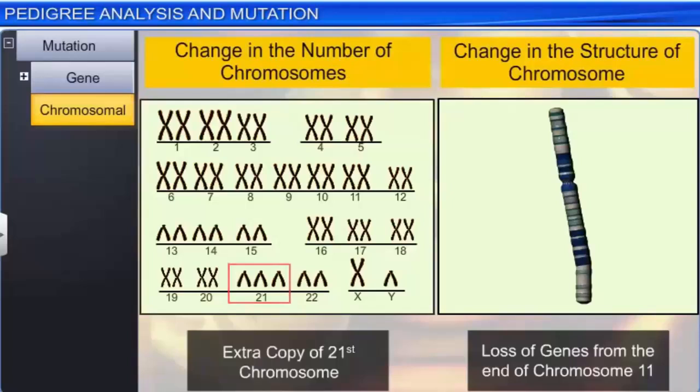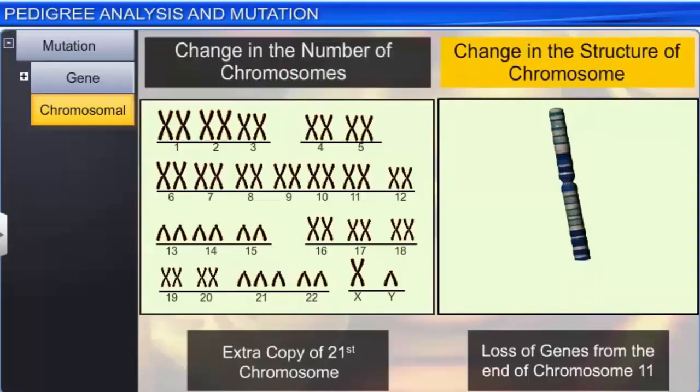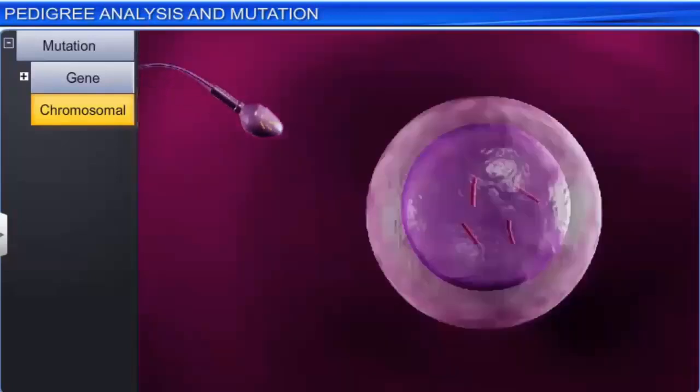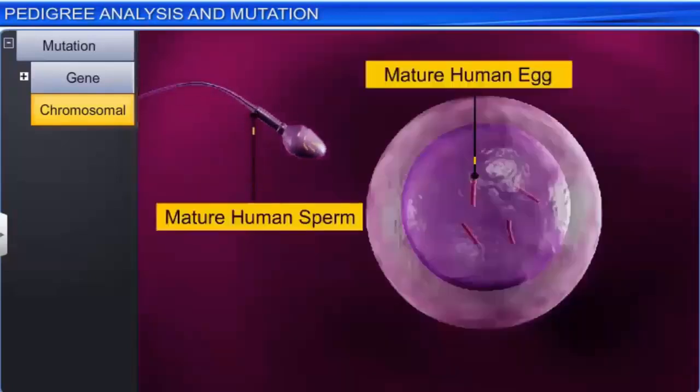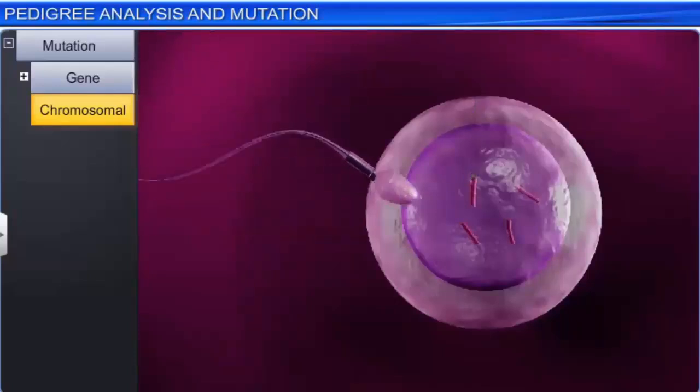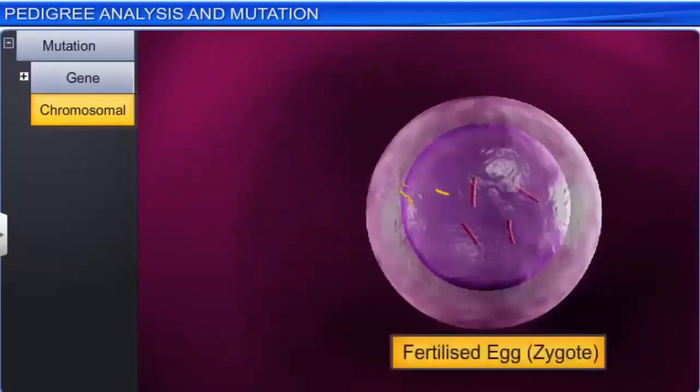Unlike gene mutation, chromosomal mutations occur when the number of chromosomes changes or when there is a change in the structure of a chromosome. Chromosomal mutations can occur during the formation of a zygote, which can lead to an increase or a decrease in the chromosomal number or structure.